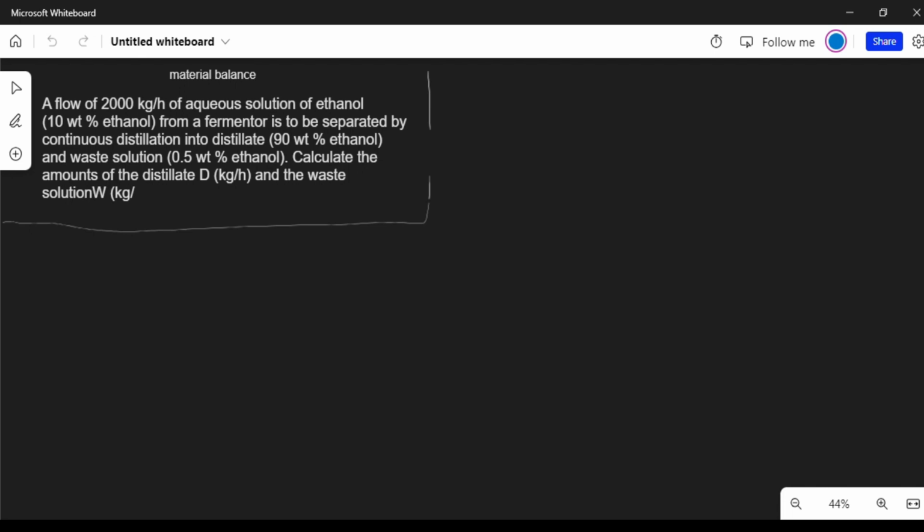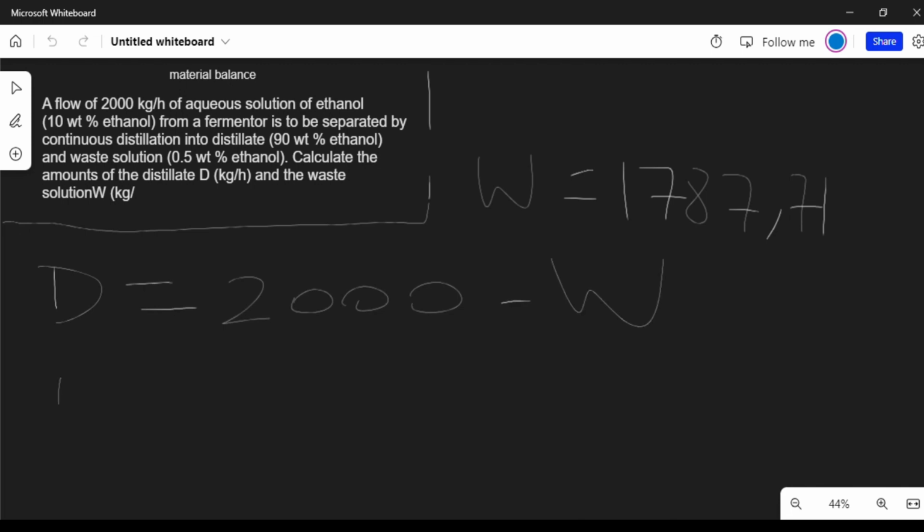Now with the value of W in mind, which is 1787.71, all you have to do is substitute this value into our D equation, the equation in which we made D the subject, which was D being equal to 2000 minus W. Now when you do this very well, you realize that your final answer for D would be 212.29 kilograms per hour.